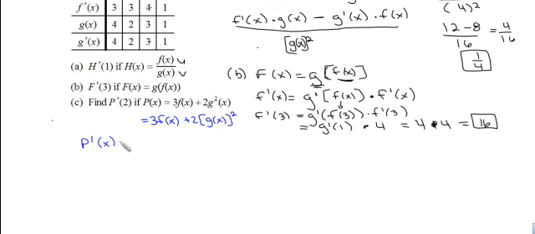So p prime of x is going to be, 3 is the coefficient, so I leave it alone. So it's just going to be f prime. We're going to have to do the chain rule on the outside, so it's going to be 4 g of x, subtract 1 from the exponent, times the derivative of the inside.